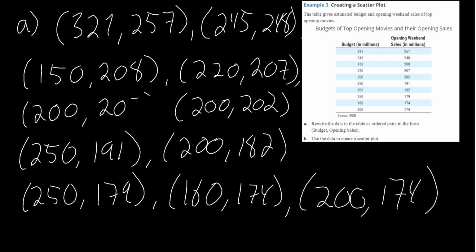This one does not exist. 200, 202, 250, 191, 200, 182, 250, 179, 160, 174, and all right, there we go. That one did not exist. That was a mix of two of them. That was an accident. Okay. And so that was rewriting the data in ordered pairs.